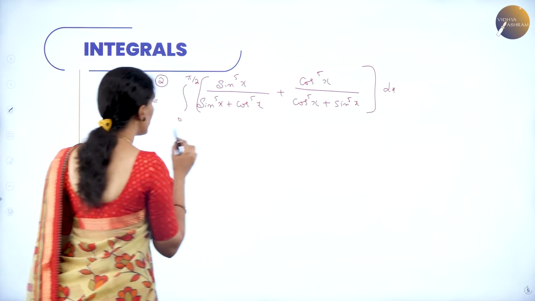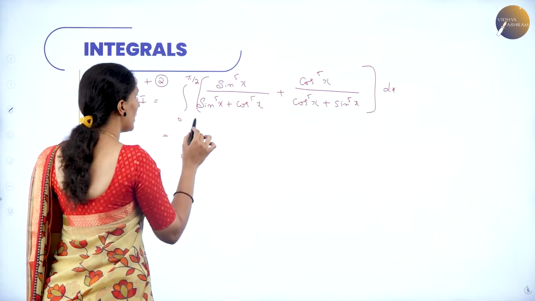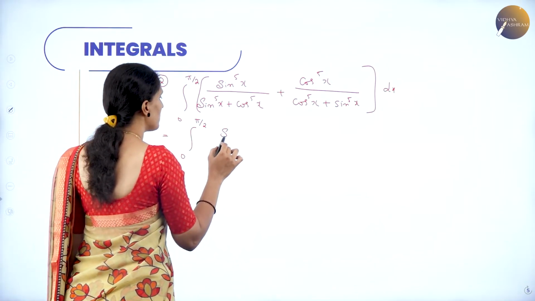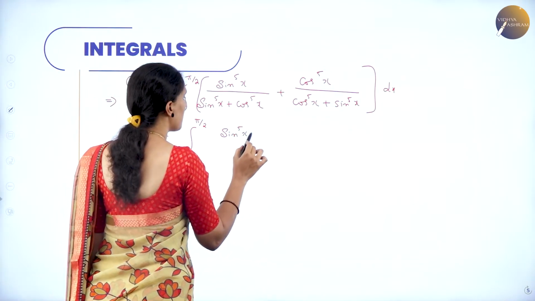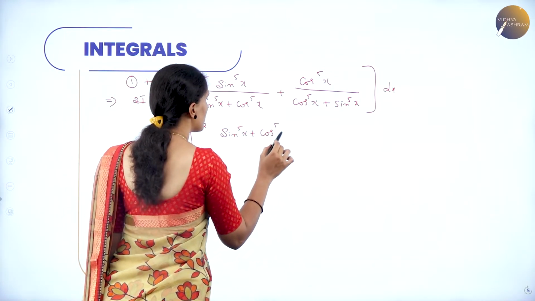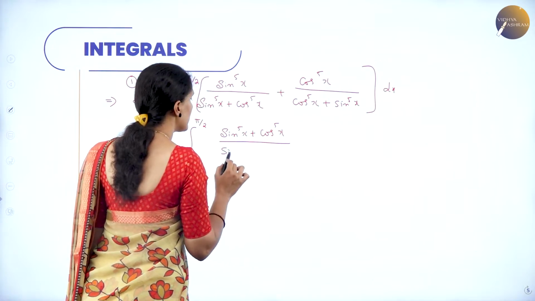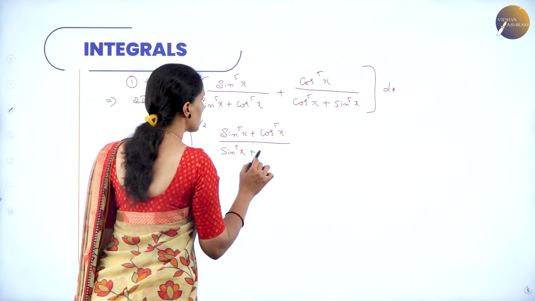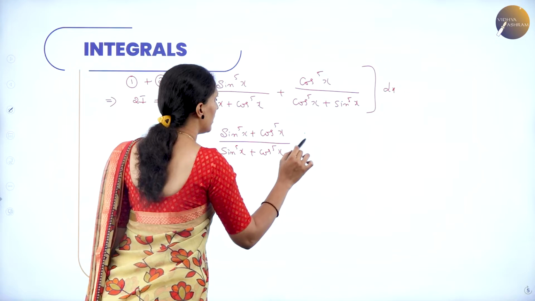Since the denominator is the same, I can add the numerator. So it becomes sine power 5x plus cos power 5x divided by sine power 5x plus cos power 5x dx.